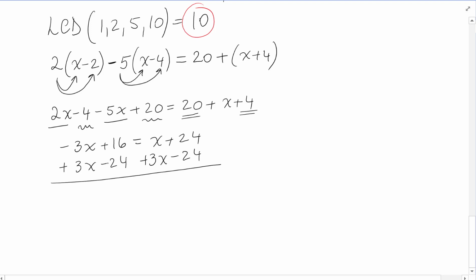So, negative 3x plus 3x, that's 0. 16 minus 24, that's negative 8, equals x plus 3x, that's 4x, and 24 minus 24 is 0. I have 4x equals negative 8, so I want to find x by itself. So I'm going to divide by 4 on both sides, and we get x equals negative 2.